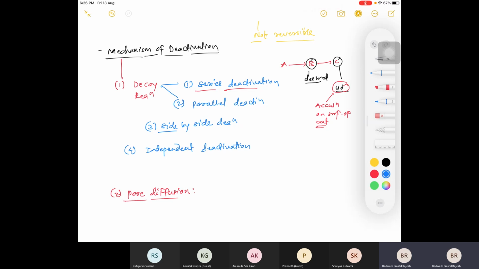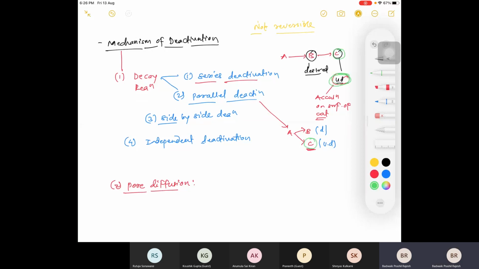Similarly, in case of parallel deactivation, you have parallel reaction, that is A gives B and A gives C. Suppose B is your desired product and C is your undesired product. So this undesired product C will accumulate.